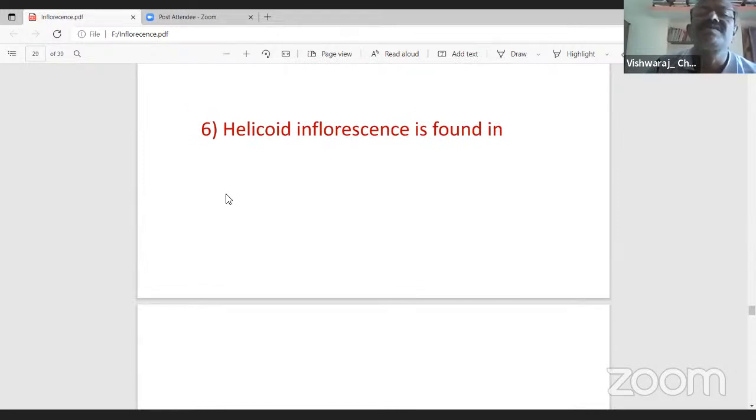Then question number 6: helicoid inflorescence is found in, or an example of helicoid inflorescence. We have seen monochasial cymose inflorescence. In monochasial, one branch produces one flower, which again produces only one branch, and this flower again produces one branch.